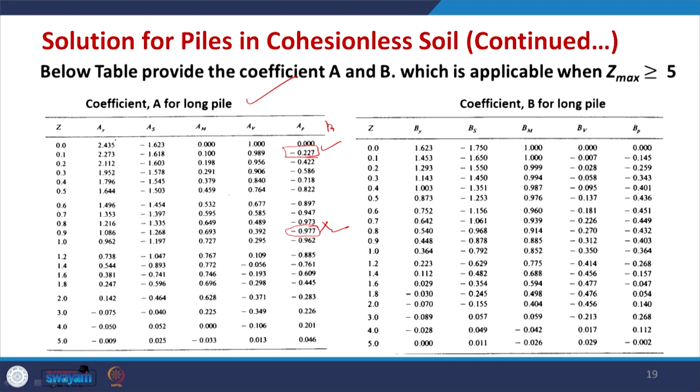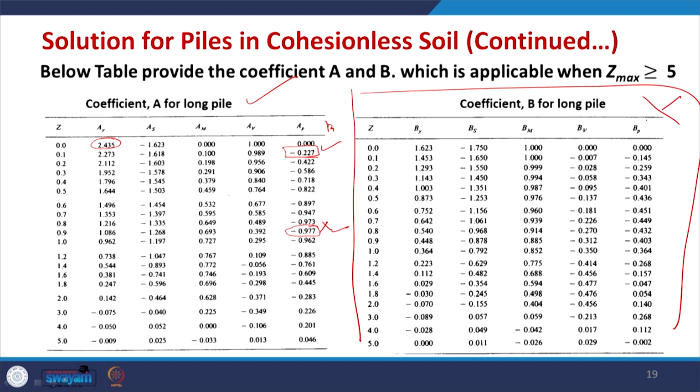You could see Ay is maximum at z equal to 0, so we select this value. But for Am, this table will not be used for this case; only we require this table, and in this table Am is increasing, the coefficient Kp is increasing, and this is maximum at 0.772 at z equal to this value.